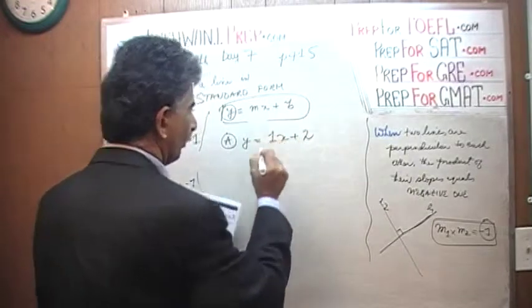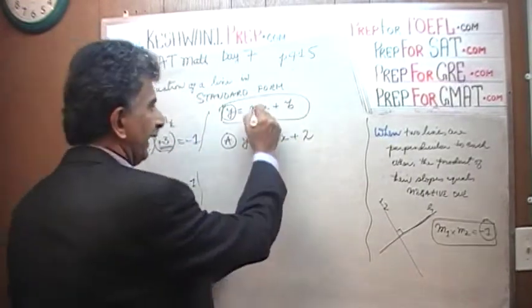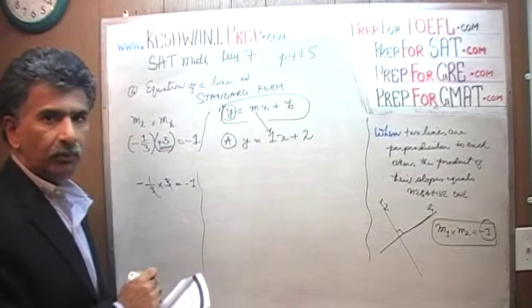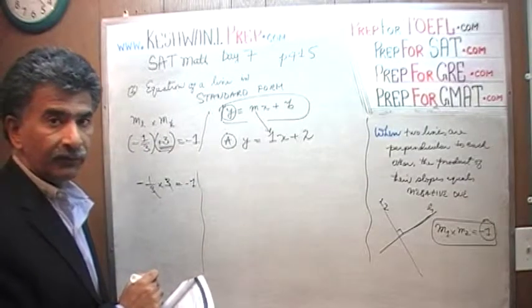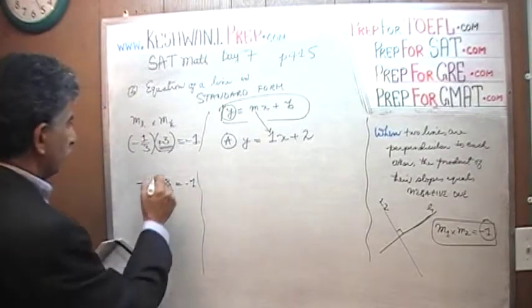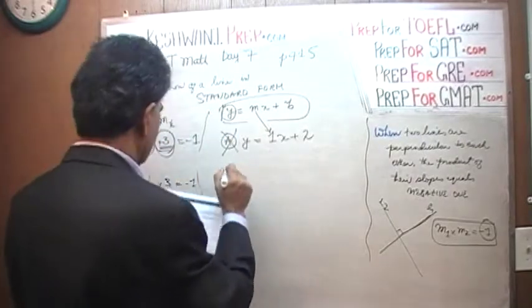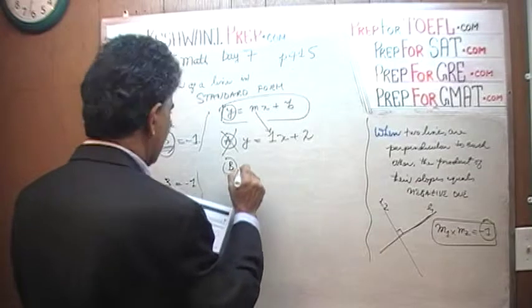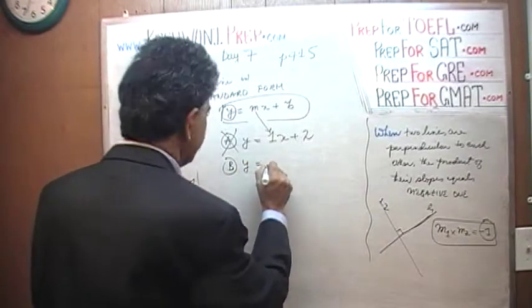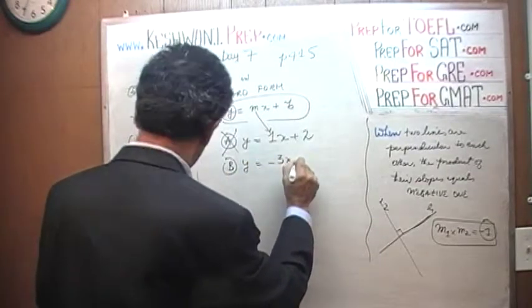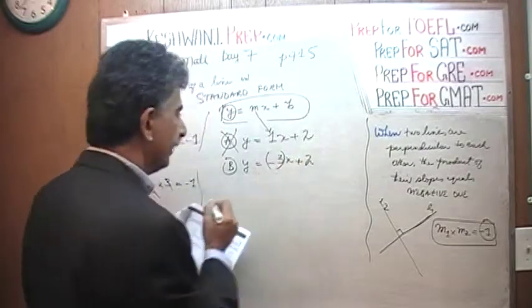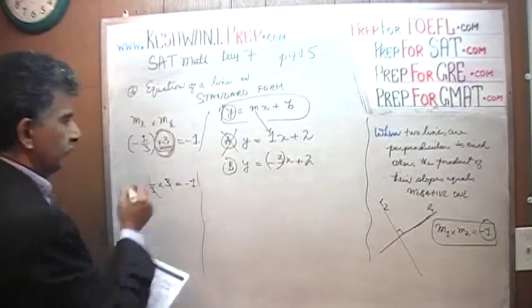X plus 2 is the same as 1 times x plus 2. The m is 1. The slope of the line in answer choice A is 1. We're looking for a slope of positive 3. That's no good. B says y equals negative 3x plus 2. This has a slope of negative 3. No, we're looking for a slope of positive 3.